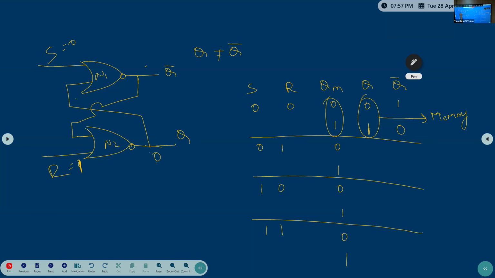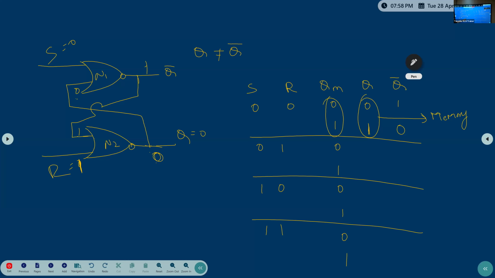This 0, if you go here, 0 0, Q bar becomes 1. Suppose the previous Q is 0, then 0 0, Q bar becomes 1. This 1 coming here, 1 1, output is 0. Getting?